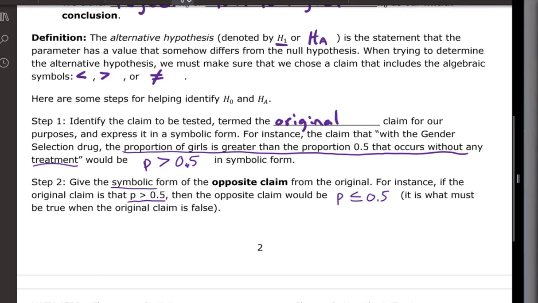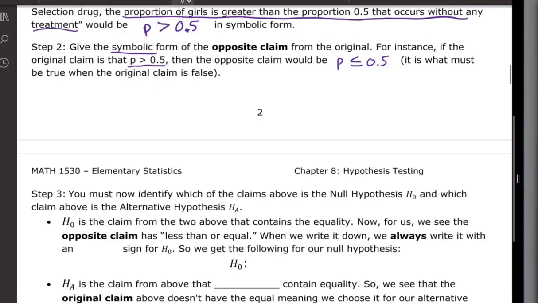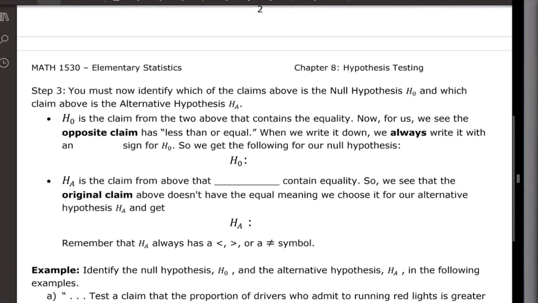Now, once you get step 1 and step 2 done of trying to establish your null and alternative, you're going to finally figure out which one of those is going to go toward the null and which one is going to go toward the alternative. So the null hypothesis, how do we know what the null hypothesis is? The null is the claim from the two above that has equal in it.